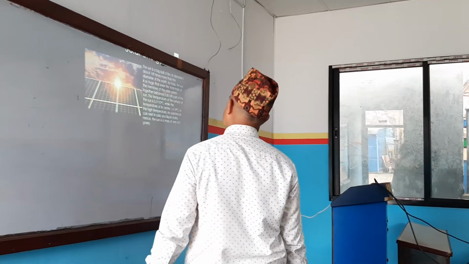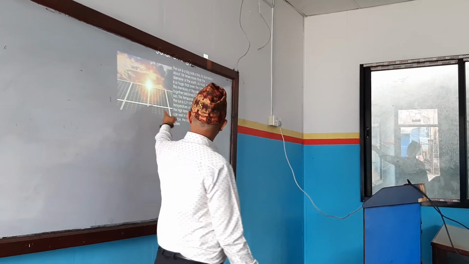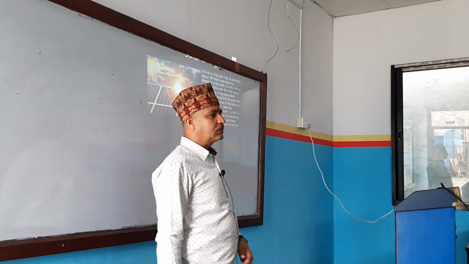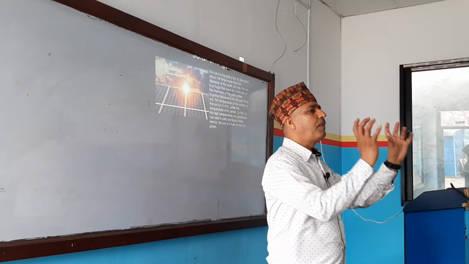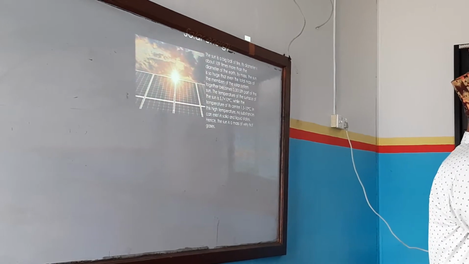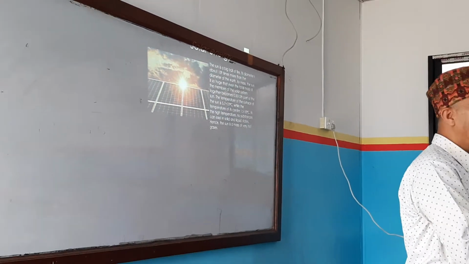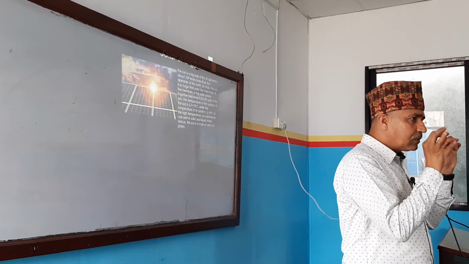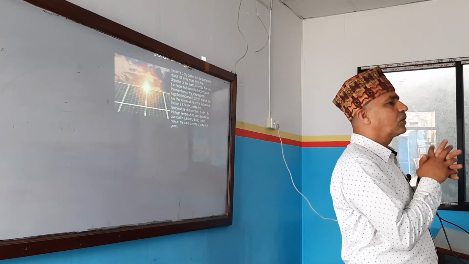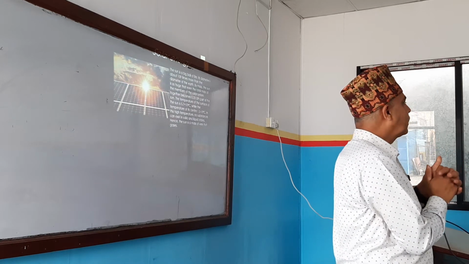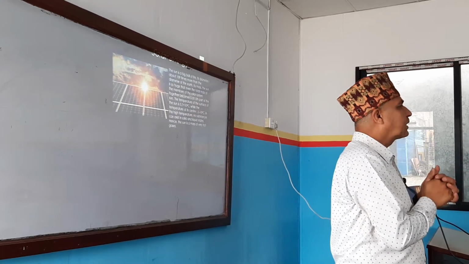Okay, solar energy. See, here is the sun, you can see the solar panel also, right? And we have already discussed that solar energy is the combined form of two forms of energy. What are they? Heat energy and light energy. And I told you, solar energy is produced because of one reaction. What is that reaction called? Nuclear fusion reaction.